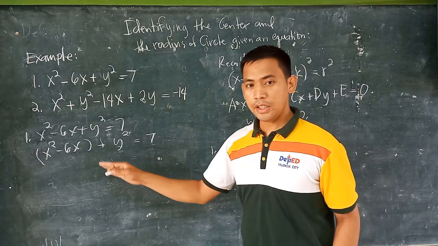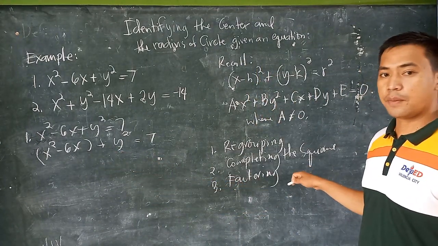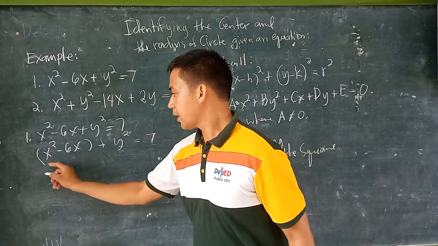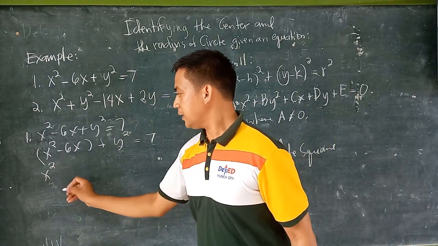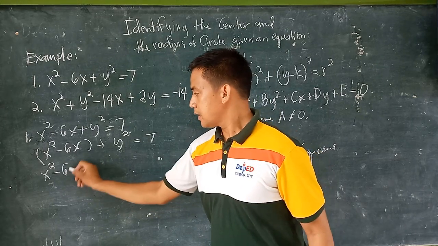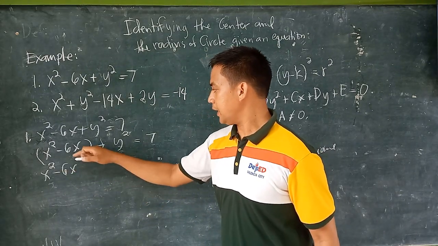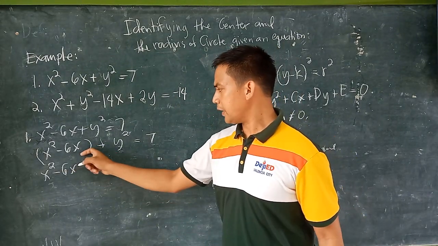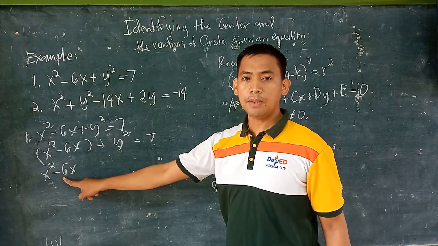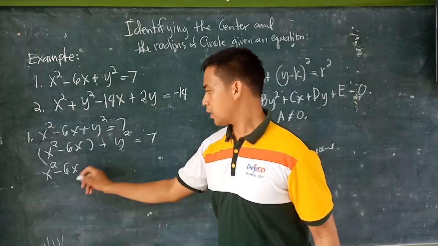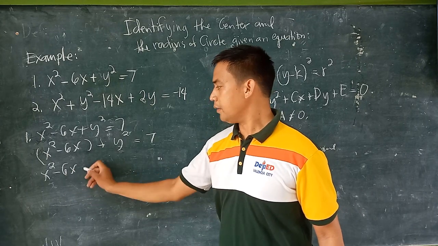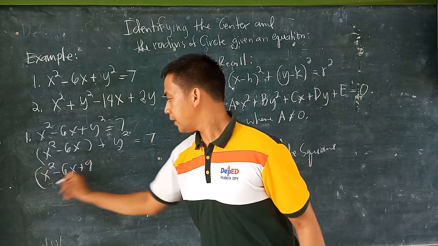The next step is completing the square. We have x squared minus 6x; we complete the square. To get the third term, get half of the middle term and square it. That's negative 3 squared, so that will be positive 9.